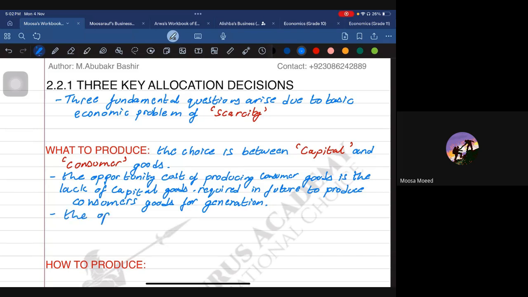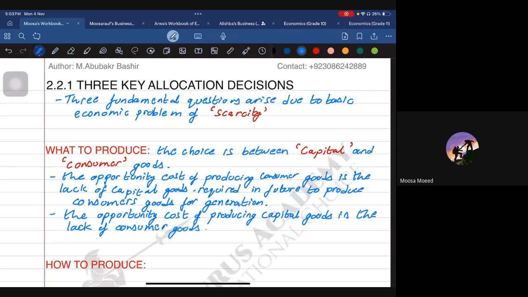Whereas the opportunity cost of producing capital goods is the lack of consumer goods required to satisfy current generation's demand.